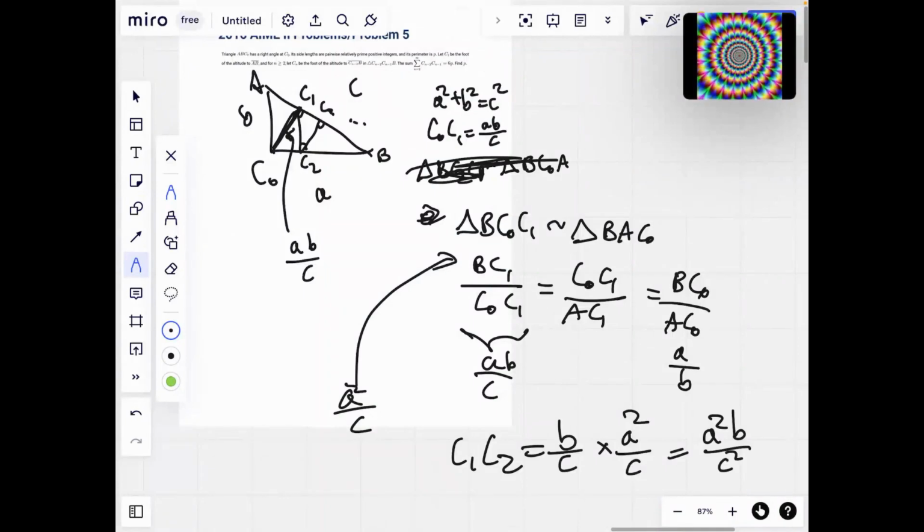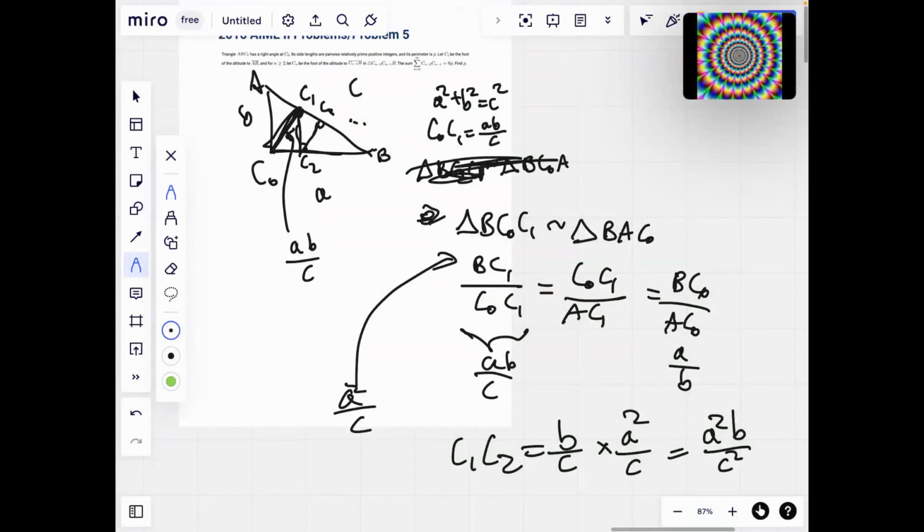Next, we notice that actually there was an easier way to find this if we had just realized that the ratio of C1C2 to C0C1 is the ratio of the sine lengths of C0C1B to AC0B.